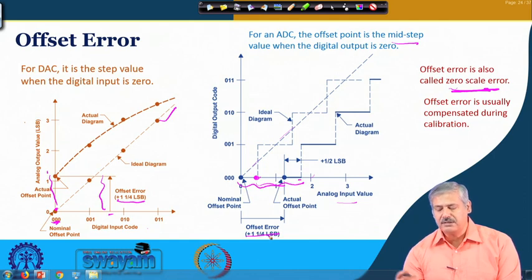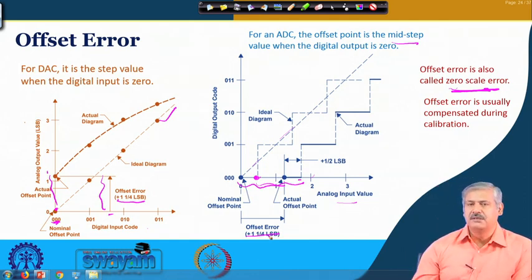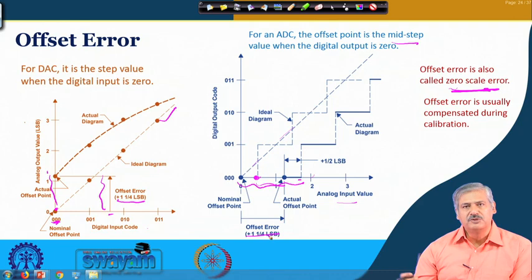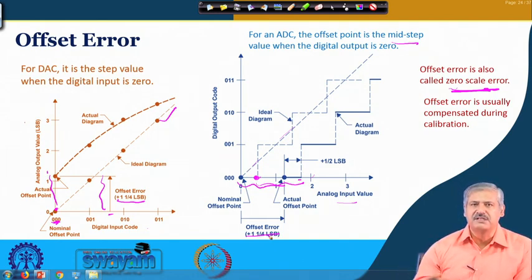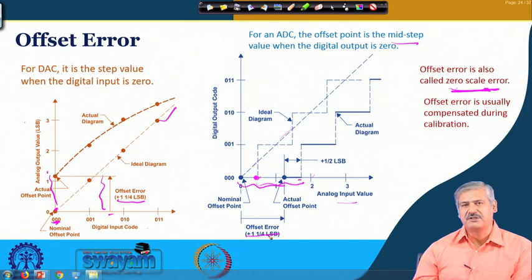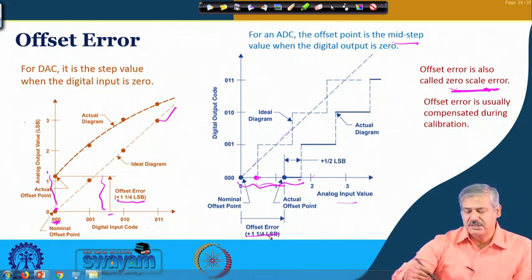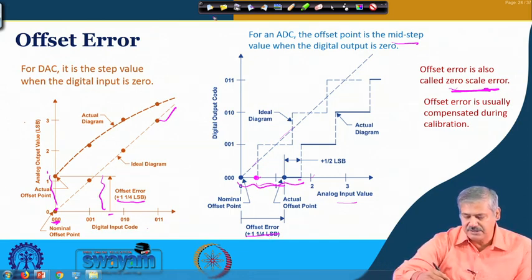And offset error usually is compensated by doing an adjustment in the beginning when you calibrate the ADC. It is also called trimming. In some textbooks you will see that it is written as trimming. So by that process we can compensate this offset error.